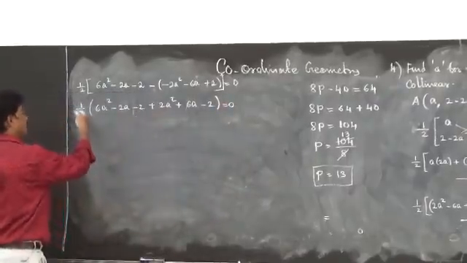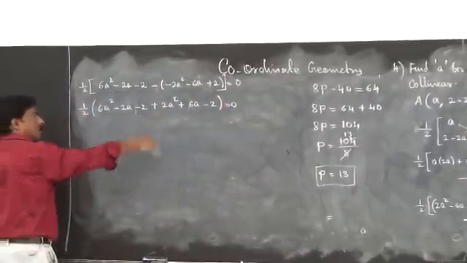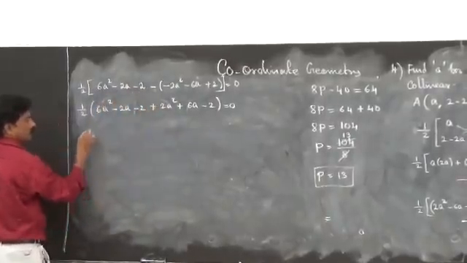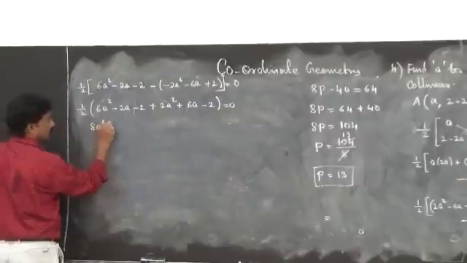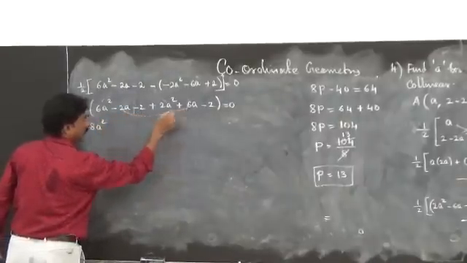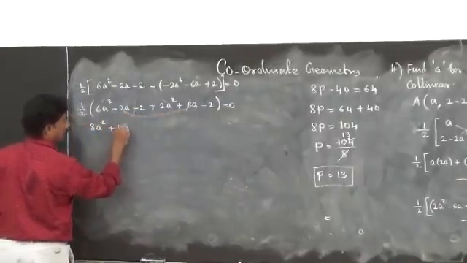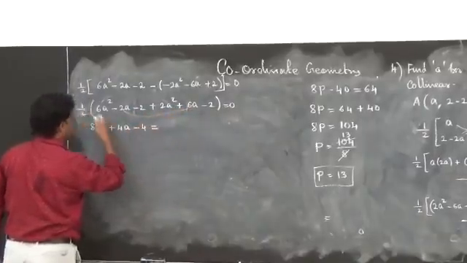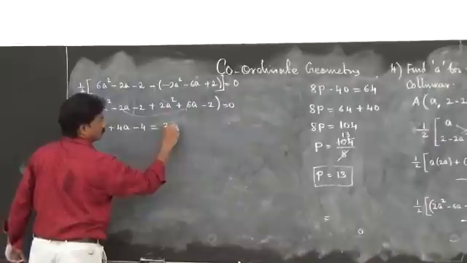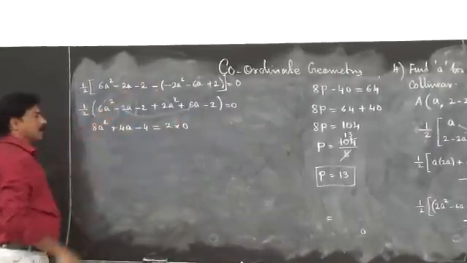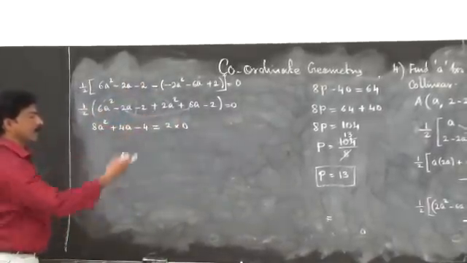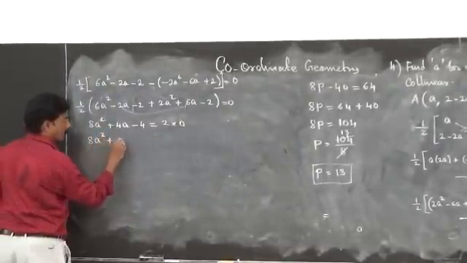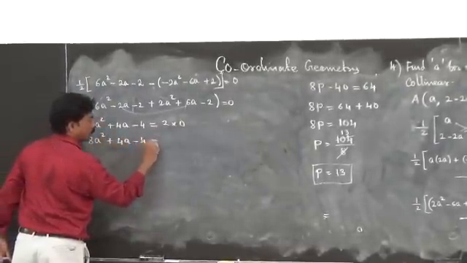When you take this 1 by 2 to that side, 6a square plus 2a square becomes 8a square. Minus 2a plus 2a plus 6a becomes plus 4a. Minus 2 becomes minus 4, is equal to 2 into 0. When the 2 goes that side, it becomes the numerator. 2 into 0, 0 into anything is 0. So what we are getting: 8a square plus 4a minus 4 equal to 0.